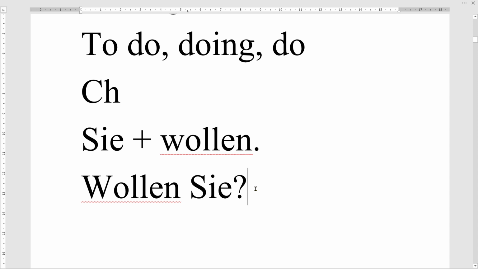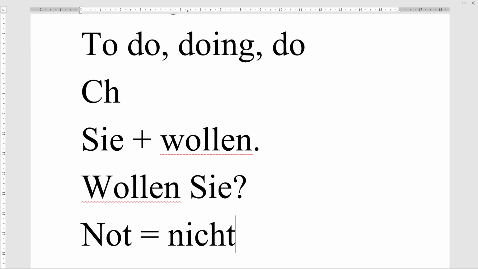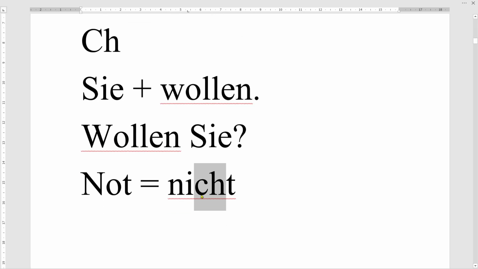Now to negate the sentence, we use the negation marker in English, which is not. The equivalent in German is nicht. Now you hear a different pronunciation from ch here, which is che.